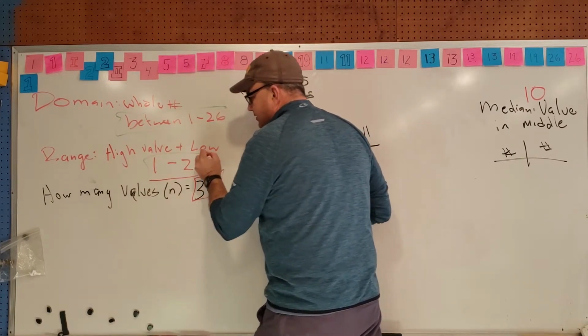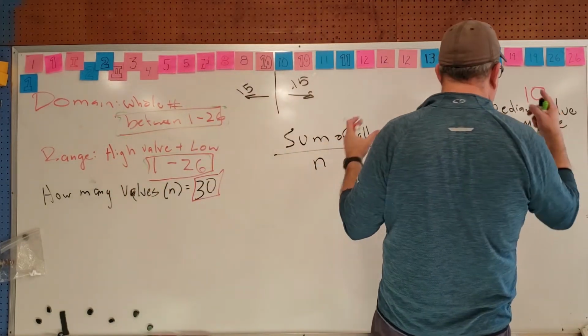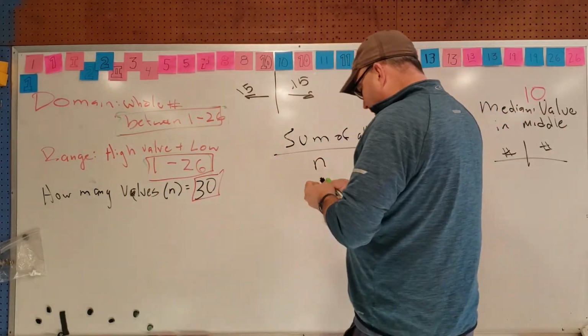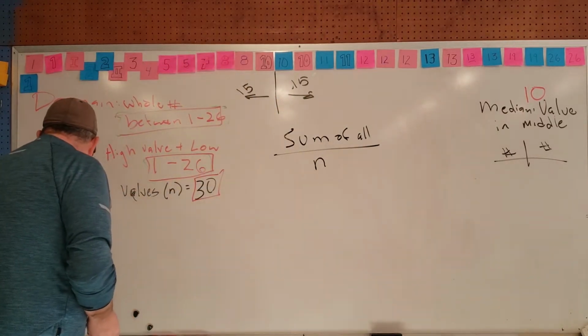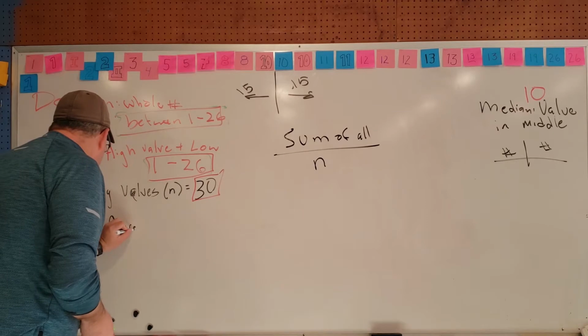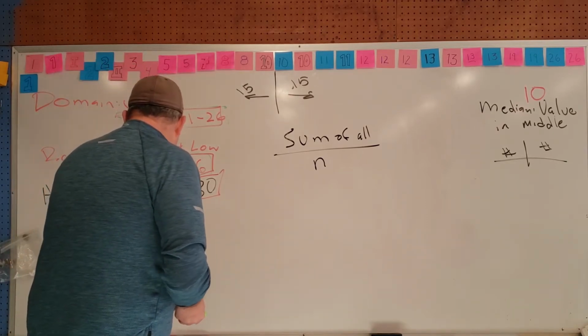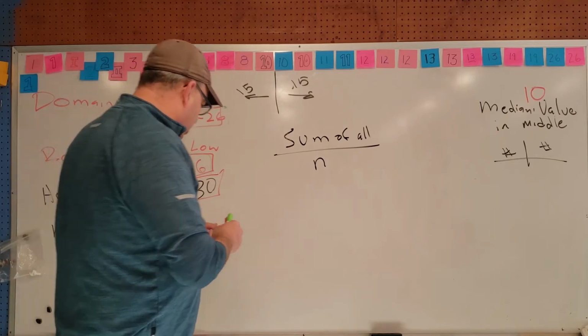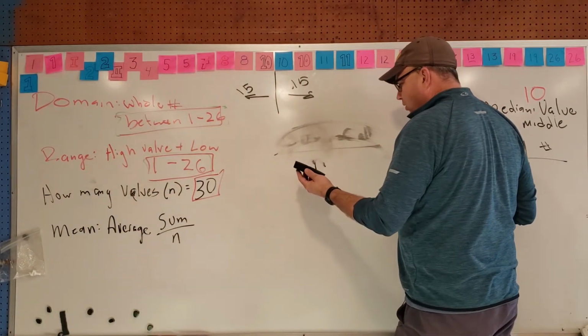So we got our domain, our range, we've got our median. Now we need to figure out our mean. The mean, or the average, is going to be the sum divided by the n.